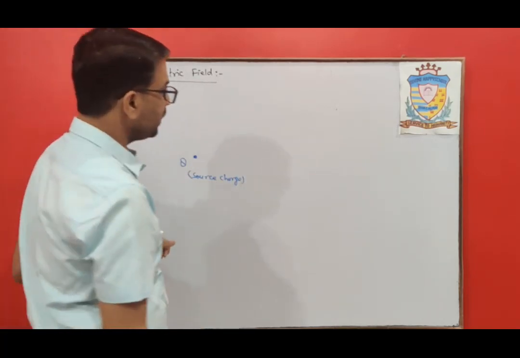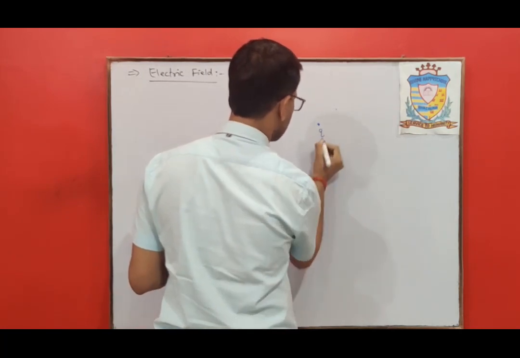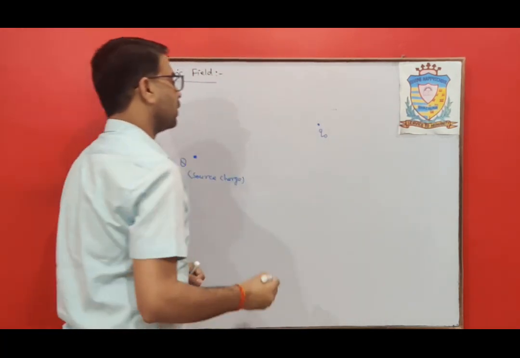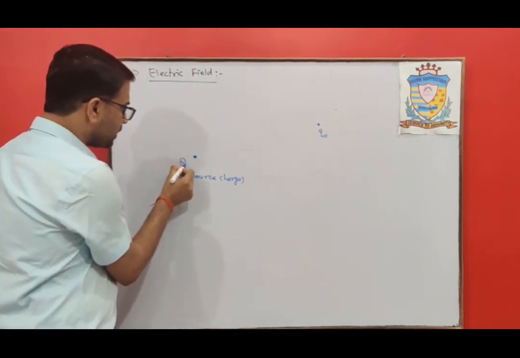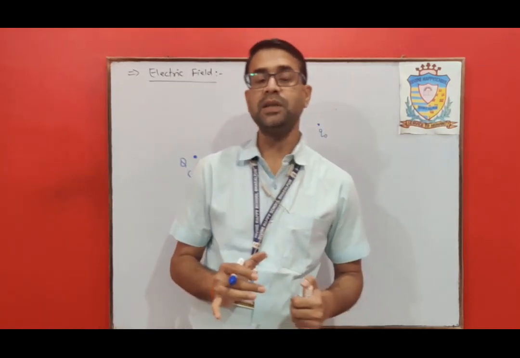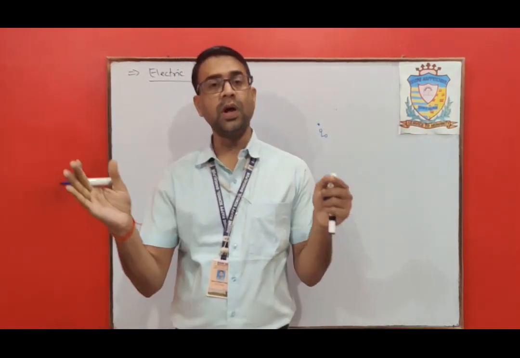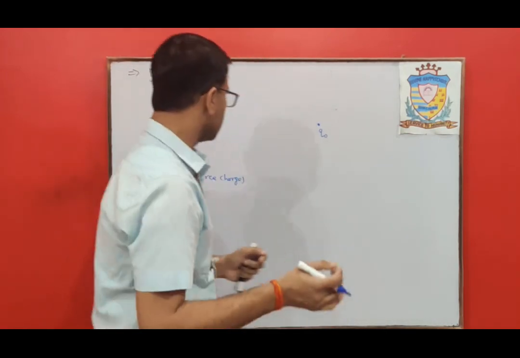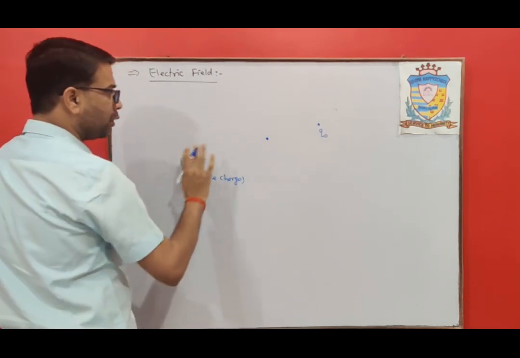And here is another charge, that is Q naught. All charges have a limited boundary. That means a charge can apply some electrostatic force only up to a certain limit. Suppose it can apply force up to here.